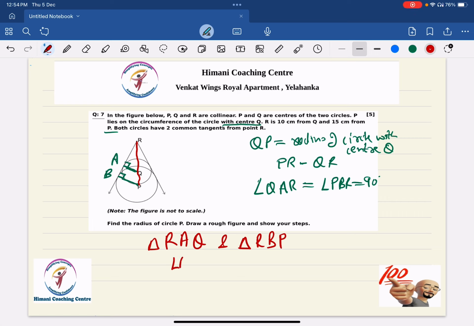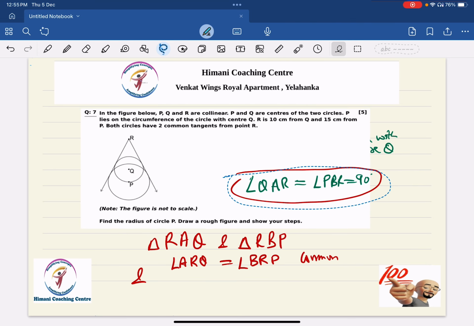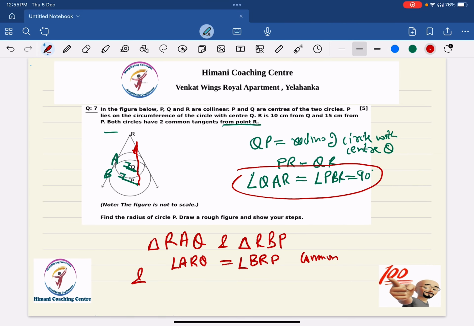Now angle ARQ is equal to angle BRP. Why? The measure of the angle is the same, so that angle is common. And we just proved angle QAR is equal to angle PBR, 90 degree.